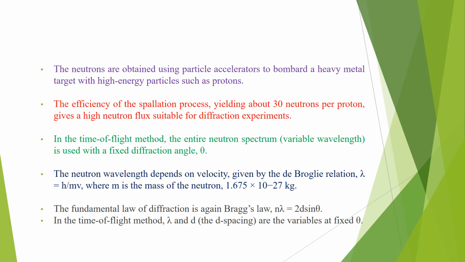The fundamental law of diffraction is again Bragg's law, which is n lambda equals 2d sin theta. In the time of flight method, lambda and d, that is the spacing between the layers, are the variables at fixed angle theta.